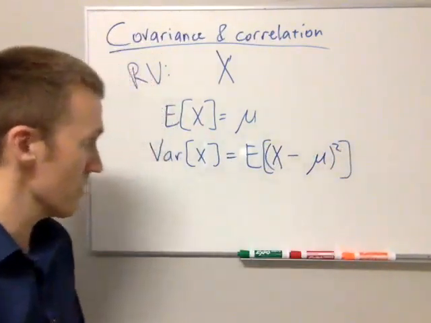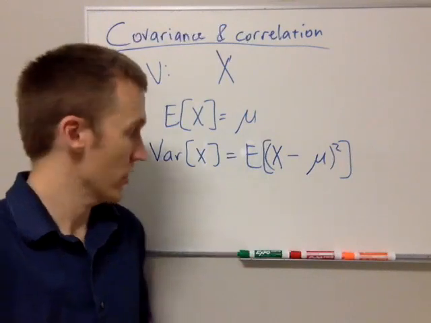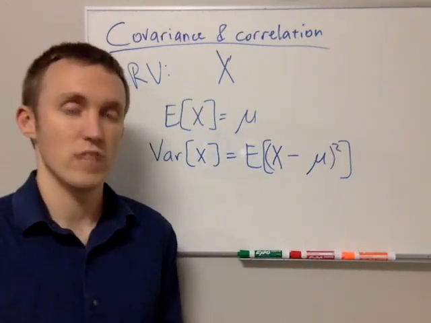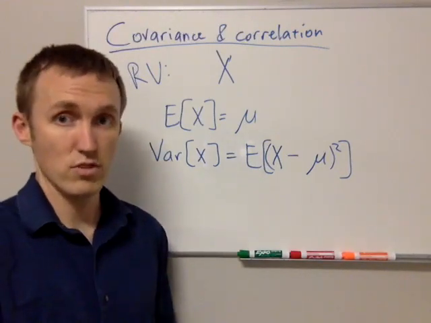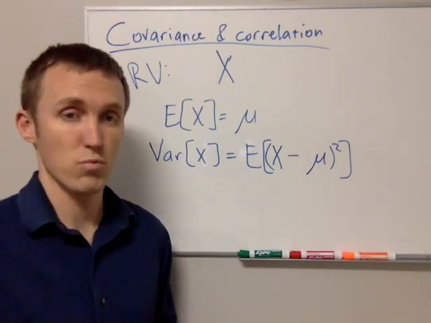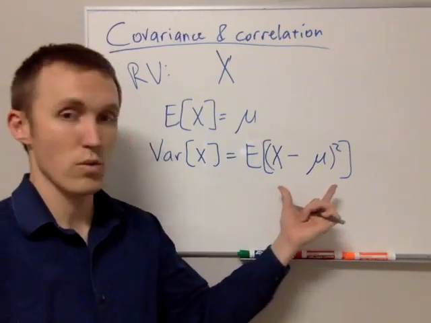squared. X minus mu. So take x and remove its mean. So in the case of, let's say, the sum of a pair of two dice, every time we roll it, we subtract off the value of the average, the expected value, or the average sum of that roll of pair of dice, and then we take the difference and square it.